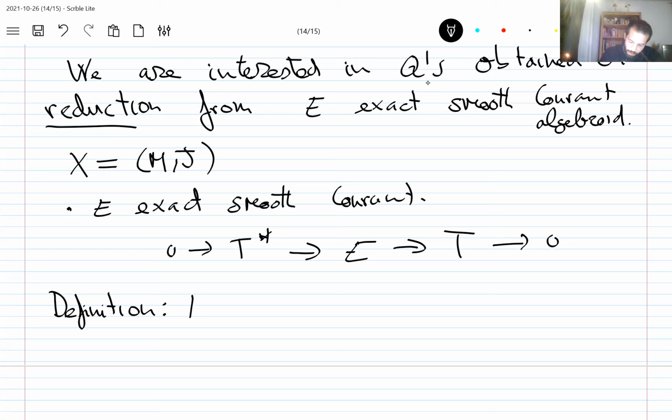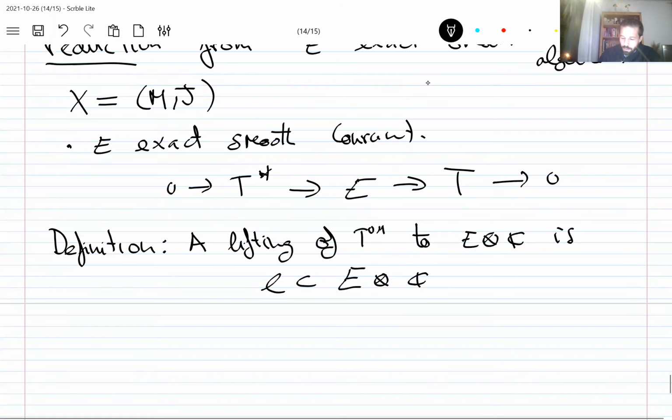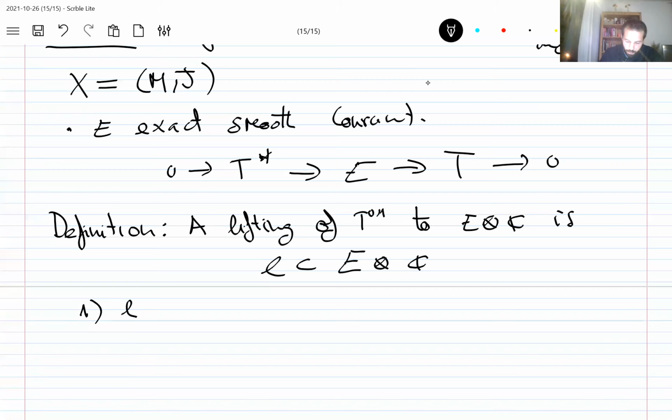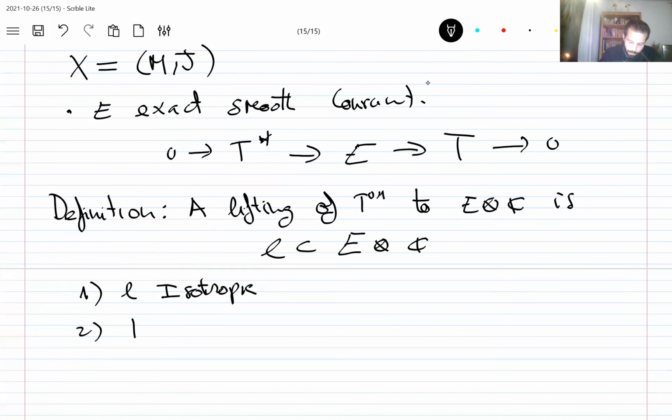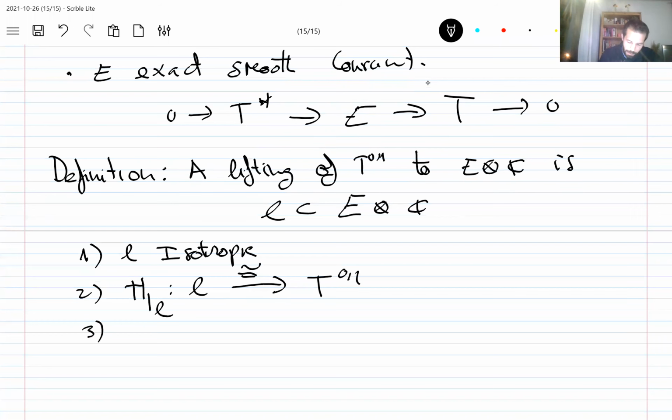A lifting of tangent 1-0 to the complexification of E is a bundle L inside the complexification which satisfies, one, L is isotropic; two, the restriction of the anchor map to L maps into the tangent 1-0 and gives you an isomorphism; and three, L is involutive. Okay, this is the definition of lifting.